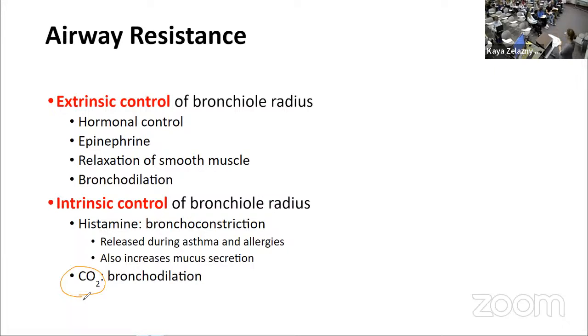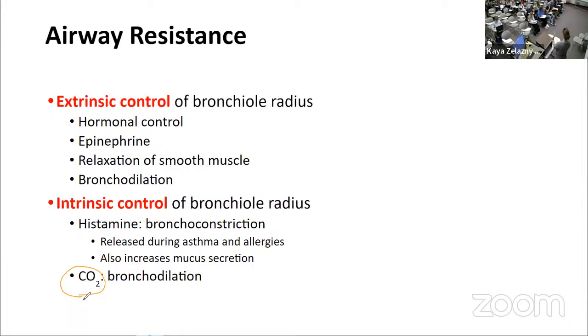When you think about carbon dioxide, it is a byproduct of metabolism. You have tissue working, trying to produce a bunch of ATP, and we're trying to get rid of our carbon dioxide. If you have a bunch of carbon dioxide building up, that means you're not breathing off enough of these waste products.